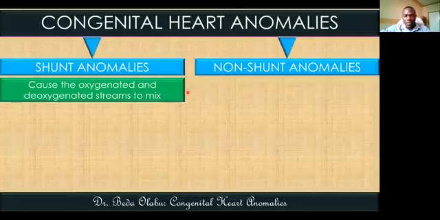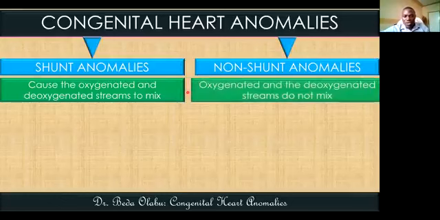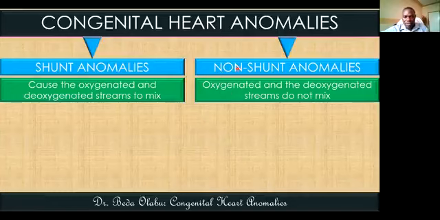Those shunts will allow mixing of oxygenated and deoxygenated streams of blood. The ones that don't allow mixing of the two streams are therefore called non-shunt anomalies.